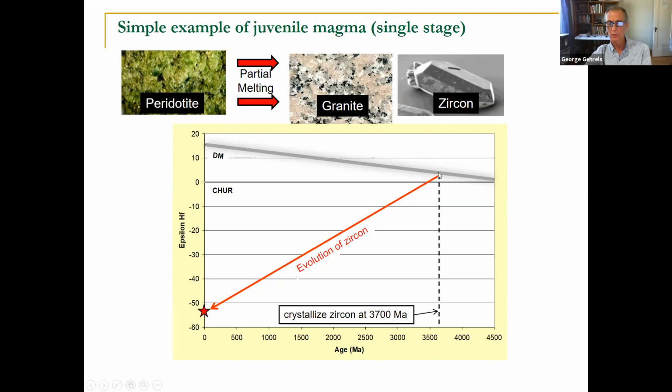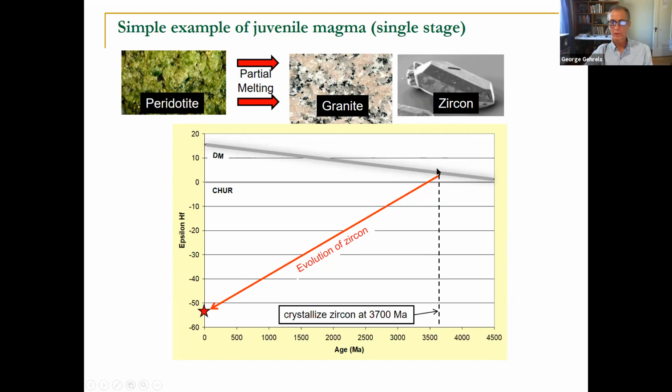So it says, oh, it looks like 3.7 billion years ago, melting took place in the mantle. It produced a granite, and zircon crystallized in that granite. And then it just slowly evolved in terms of hafnium isotopes, very slowly, even though it's a negative slope. Remember, that's because of the CHUR flattening.